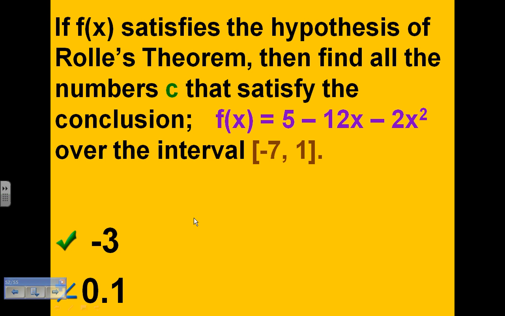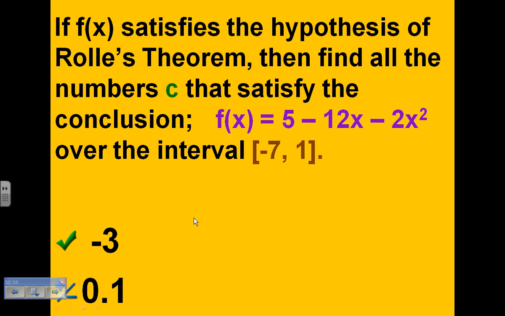-3 is inside Rolle's theorem. Rolle's theorem is where the derivative has to equal 0 if the function values are the same. Are the function values the same? Let's see, 5 plus 84, 89 minus 98, negative 11. Is that right? 5 minus 12 is negative 7.